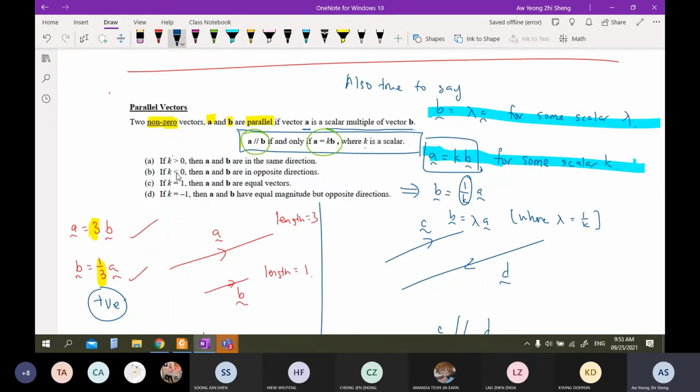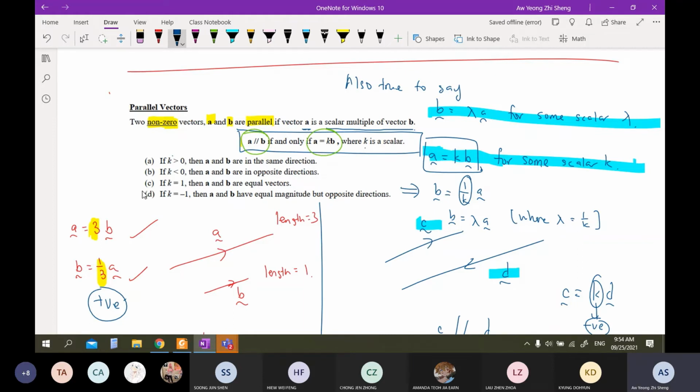If K is negative, just like my second diagram, if I have two vectors in opposite directions, then the scalar that you get must be negative. If I write C equals K times D for some scalar K, then this K here must be negative.